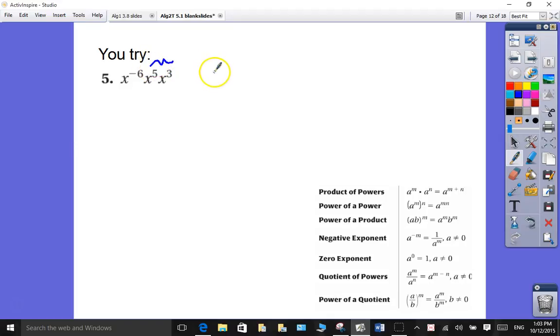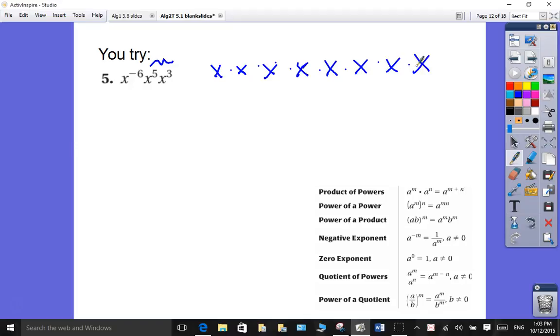And sometimes when we show properties of exponents, multiplying x to the 5th times x to the 3rd, we might write out and say, well, x to the 5th means x times itself 5 times. And then x to the 3rd is another 3 times. And so how many x's are there? It's 8. That's why the adding of exponents works.